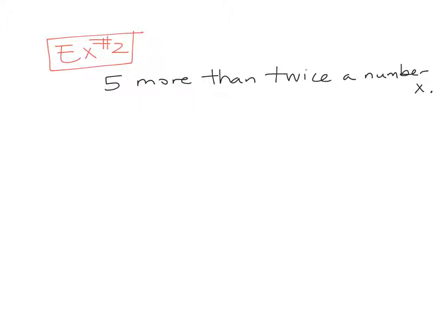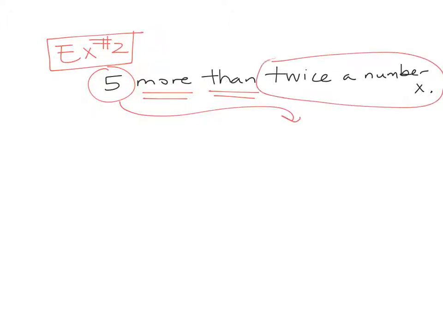So what's the more than telling us to do? Flip them, right? So what's here is going to go to this side, and what's here on the other side is going to go to the left, okay?